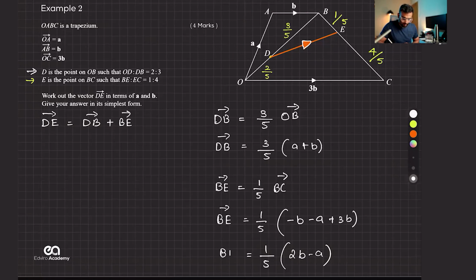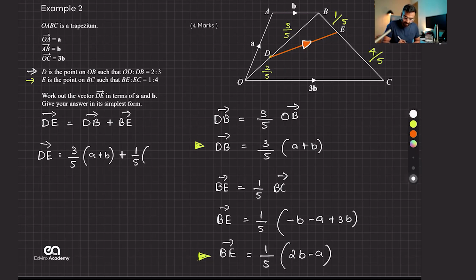This is your BE. We're done. So DB is there, BE is here. We put it together and we got DE. So DE equals DB, which is 3 by 5 of A plus B, plus BE, which is 1 by 5 of 2B minus A.